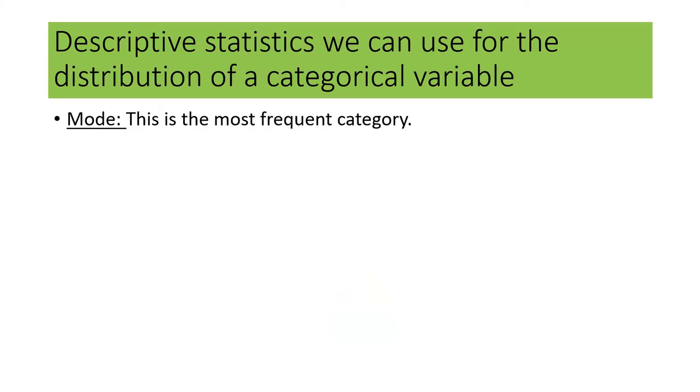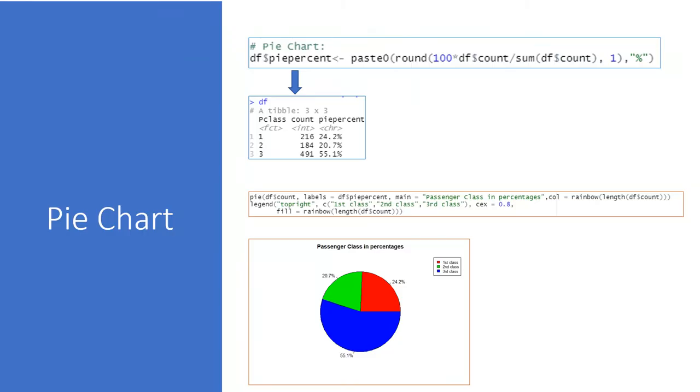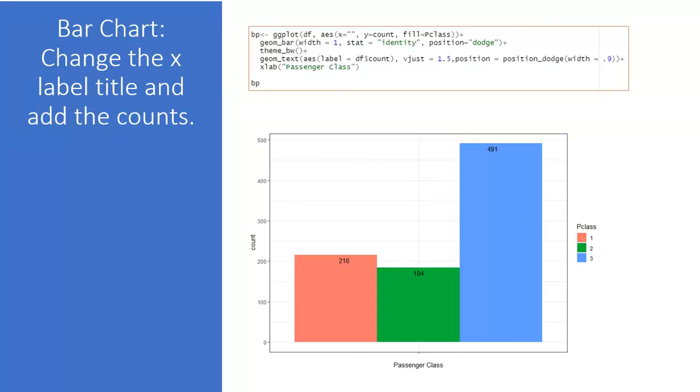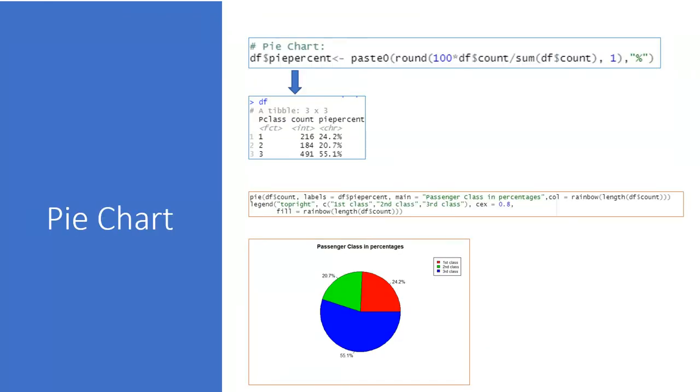The mode is the most frequent category, and this is basically the descriptive statistics that you would use apart from the percentage per category. But I want you to understand that you can still use the counts, but percentages normalize all the counts compared with the number 100.